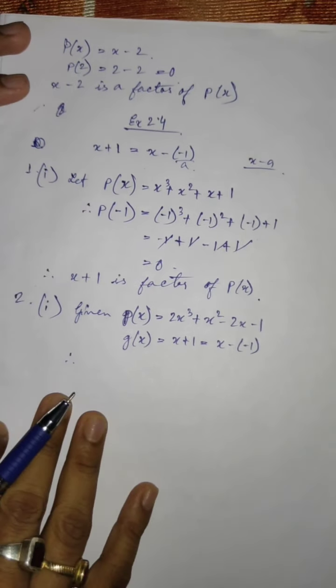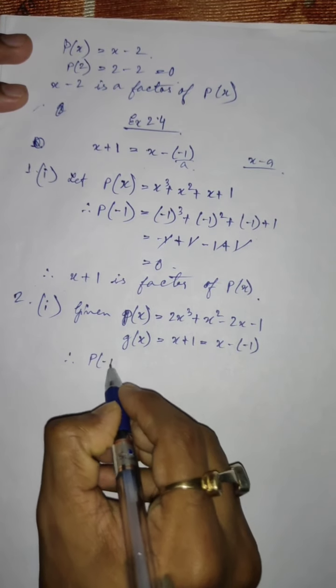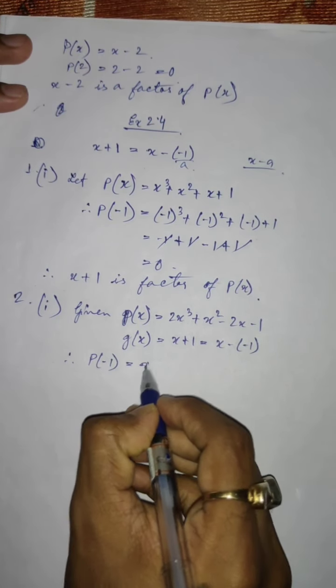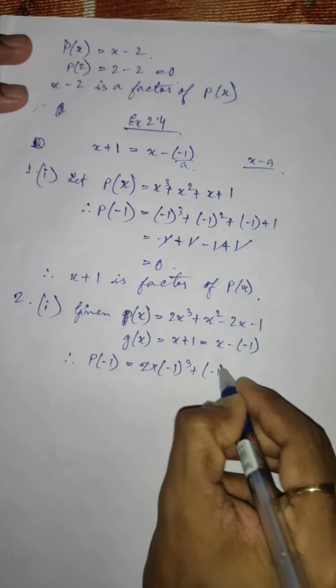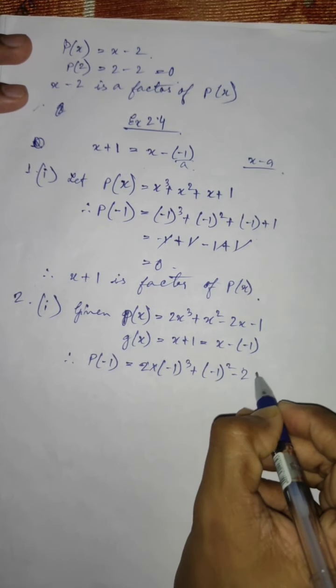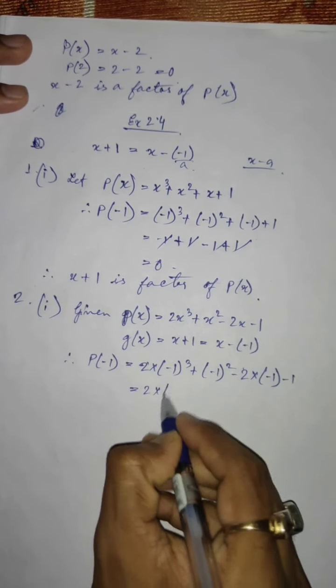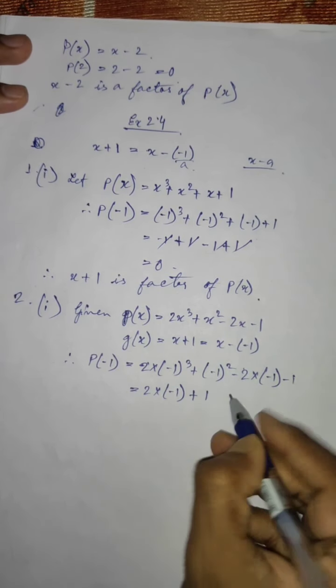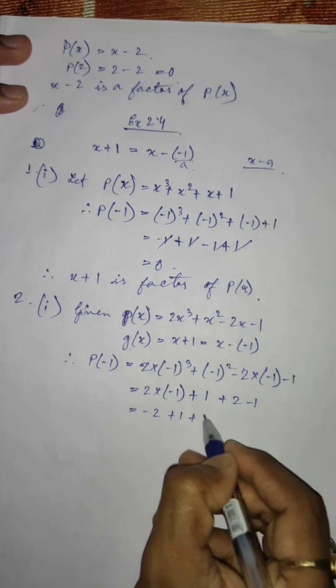Therefore p(minus 1) equals 2 into minus 1 plus 1 plus 2 minus 1.